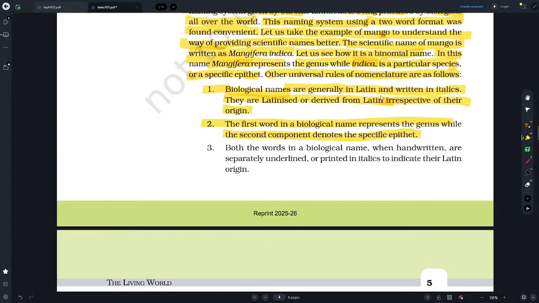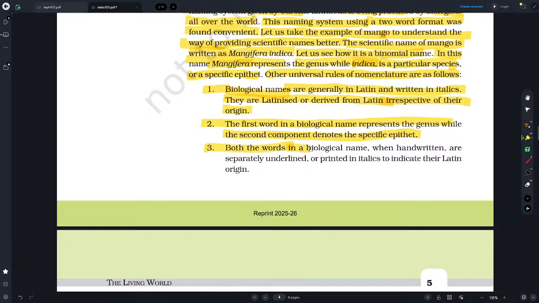Rules of binomial nomenclature. The first rule: biological names are generally in Latin and written in italics. They are Latinized or derived from Latin irrespective of their origin. The first word in the biological name represents the genus, while the second component denotes a specific epithet.